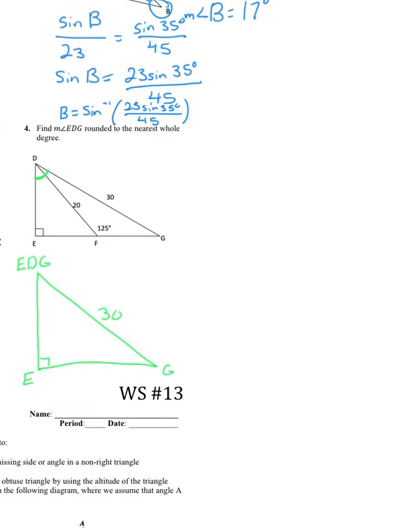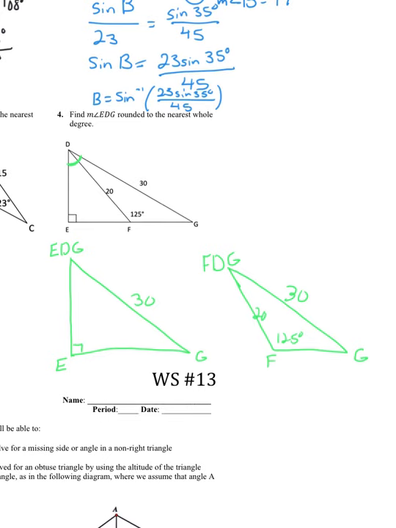And then we've got another triangle that looks like this. It has angle F, 125 degrees, a side length of 20, a side length of 30, angle G, and then this is angle FDG. I think that's the best way to write that down. We're looking at 2 different triangles here.